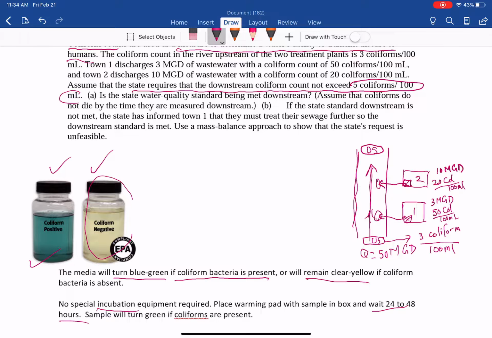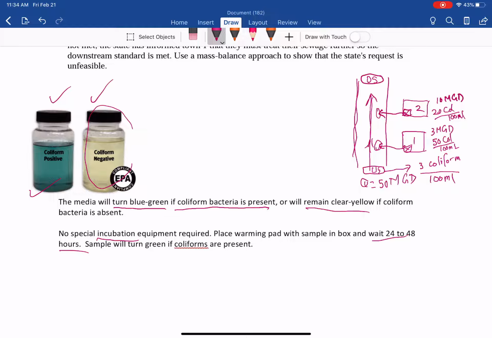First of all, we have to find the concentration of coliform downstream. What is the concentration upstream? You should remember, we multiply Q times concentration.